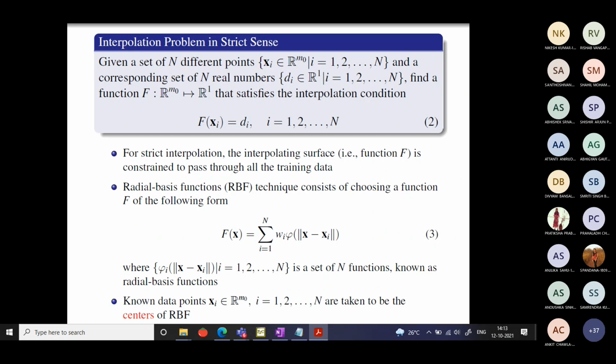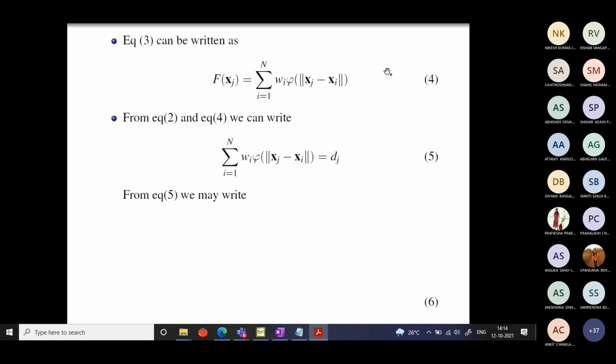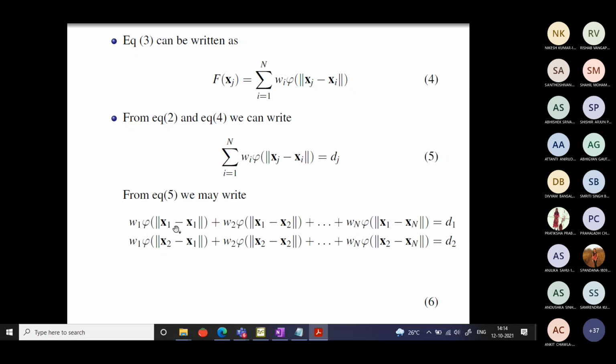Now, as per the condition of interpolation in the strict sense, f(xj) equals dj, and we can write this for many examples, x1, x2, x3, and so on.